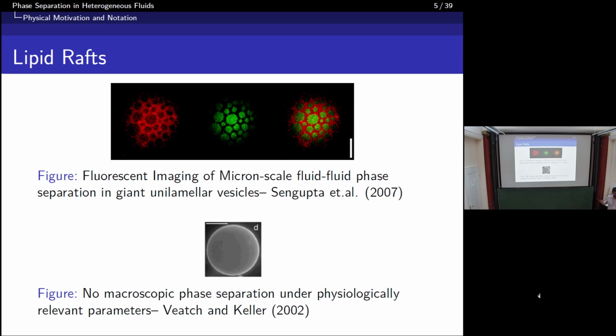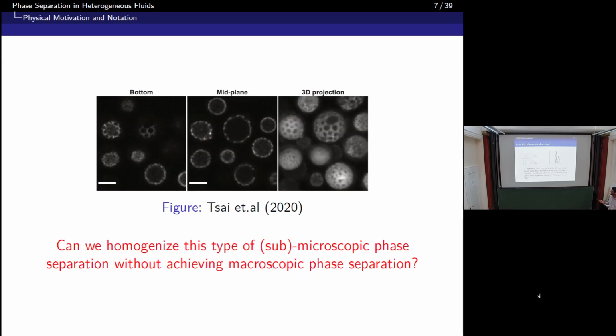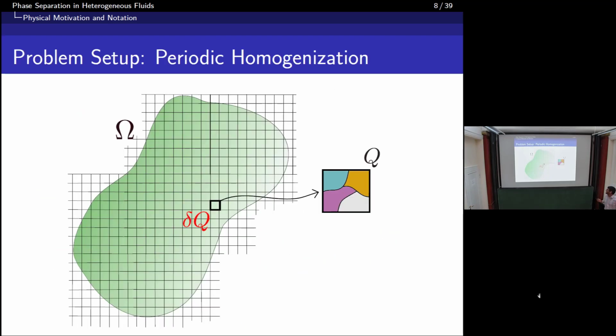And so we're going to pose this problem as a periodic homogenization problem, where you have a domain, and then you have a cell with potentially different inclusions, where you may have different phases allowed in different portions.